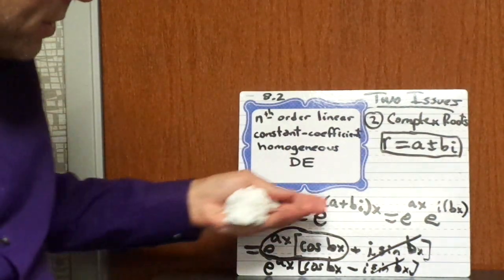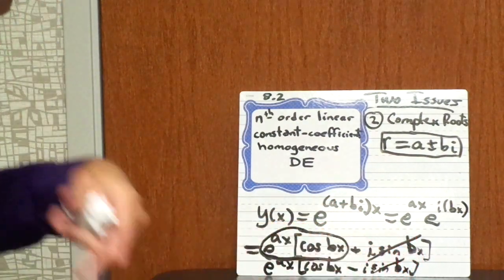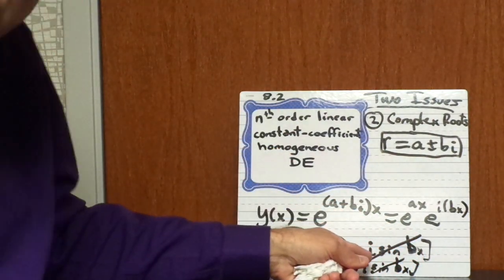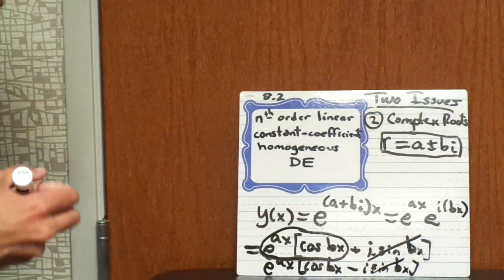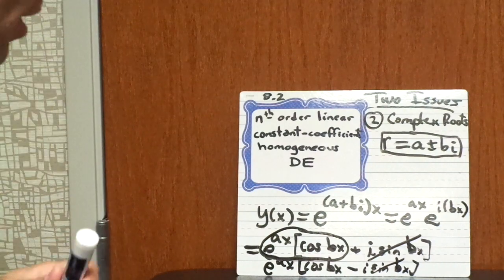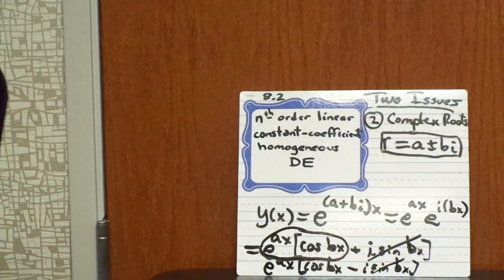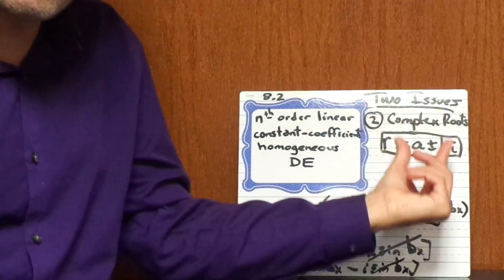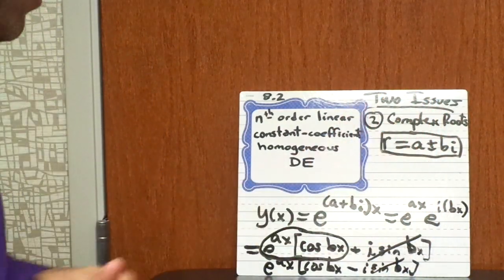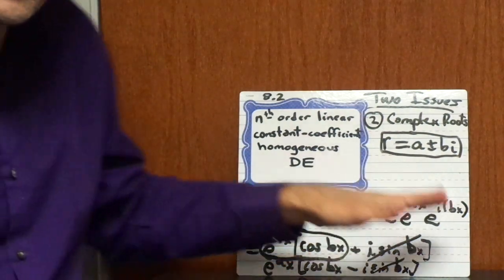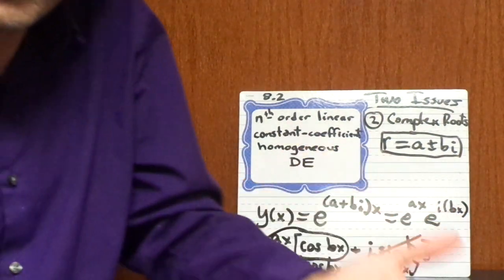Instead of adding the two solutions, if we subtracted them and then divided by 2i, we would get another solution, which would be e to the ax times the sine of bx. The upshot is, guys, when we have a pair of complex conjugate roots, we get two solutions expressed in terms of sines and cosines.